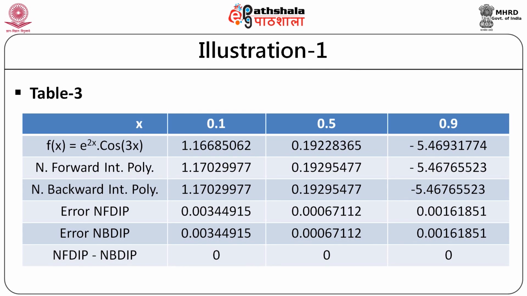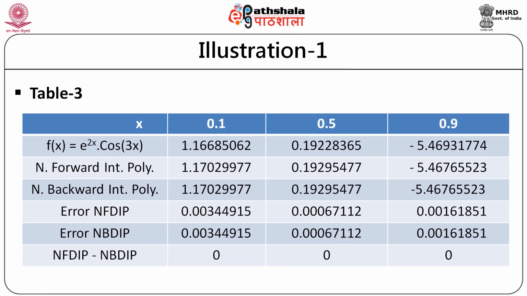What I am trying to do is find out the error by Newton's forward difference interpolating polynomial, that is this minus this. This minus this gives me an error of this order. You can see that the error is quite small. Even the error for Newton's backward difference interpolating polynomial is exactly the same as for the forward difference interpolating polynomial.